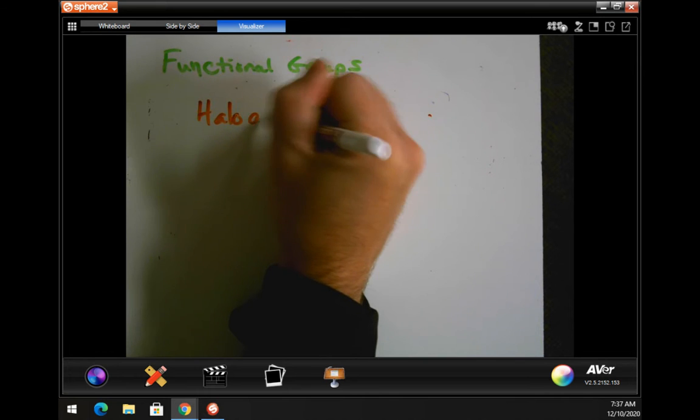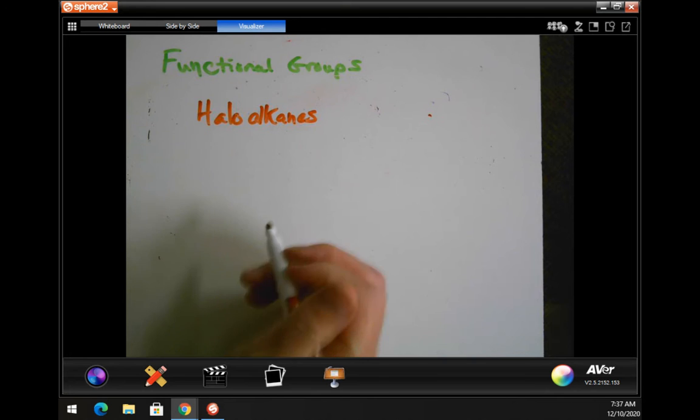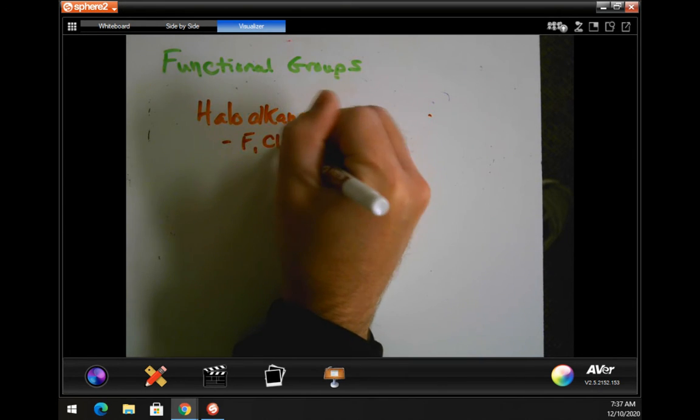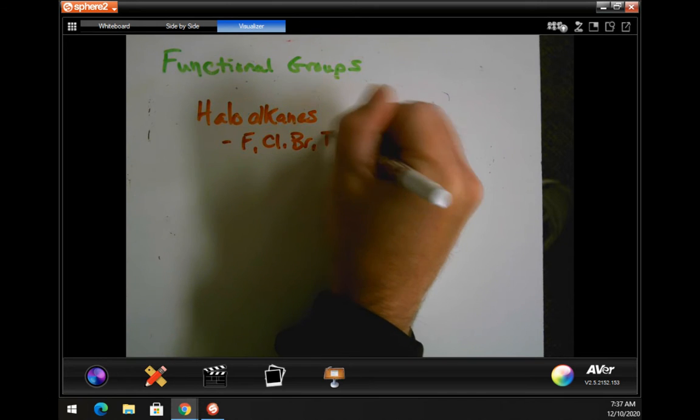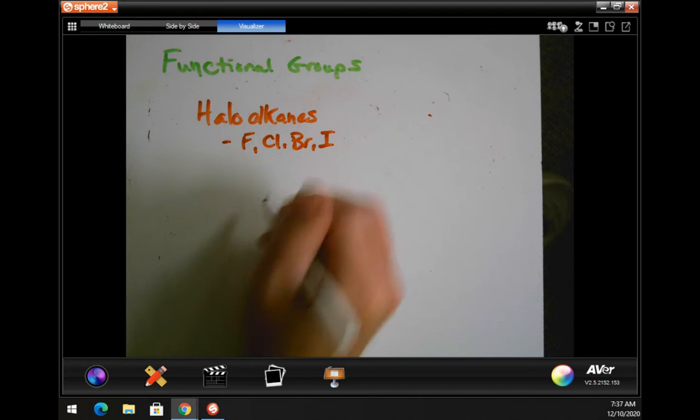halogens, the haloalkanes. And all we're doing here is we're just taking fluorine, chlorine, bromine, and iodine, and we're replacing a hydrogen with one of those.